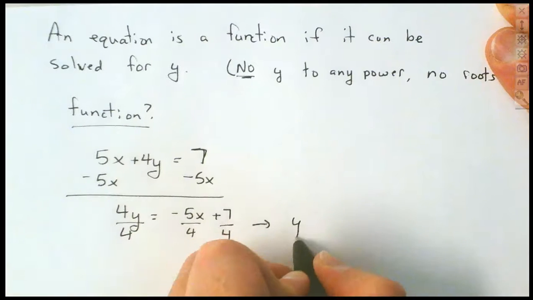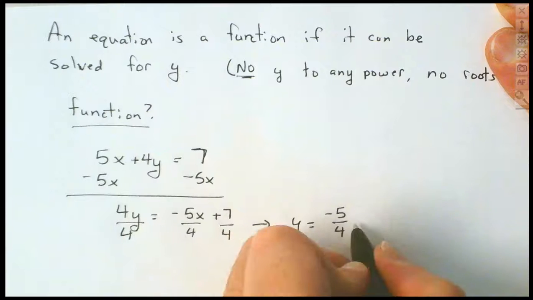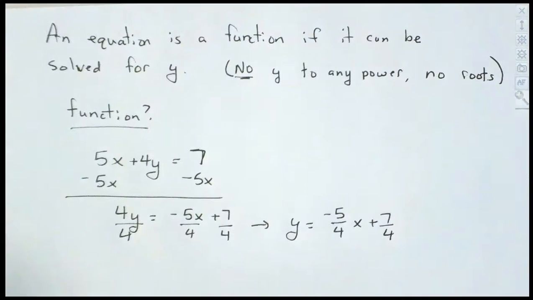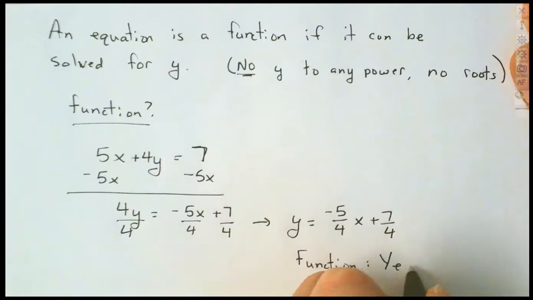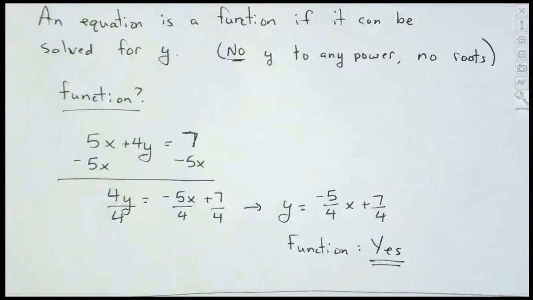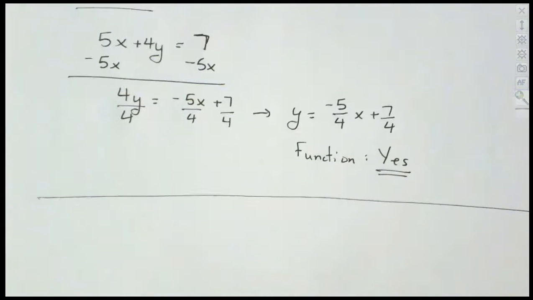And then you get y equals minus 5/4 x plus 7/4. We were able to get y by itself, so it was a function. So this is a function. Okay, so you have to be able to solve it for y, for it to be a function. Not y squared, not y cubed, not the square root of y, none of that. You have to be able to solve it for y.